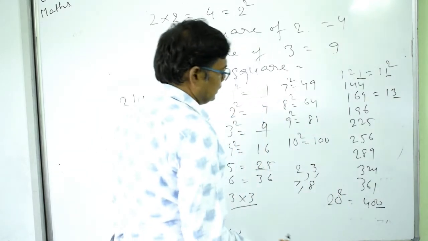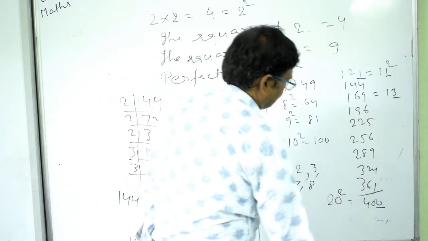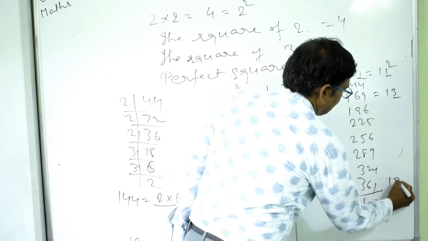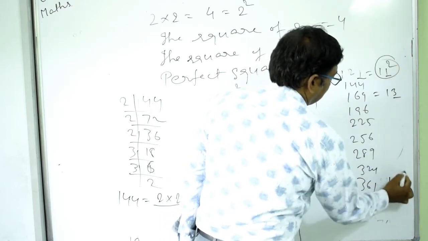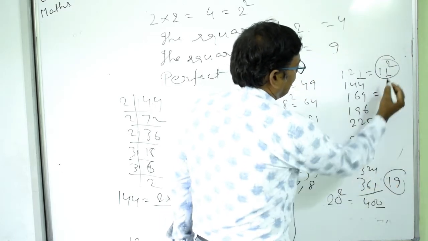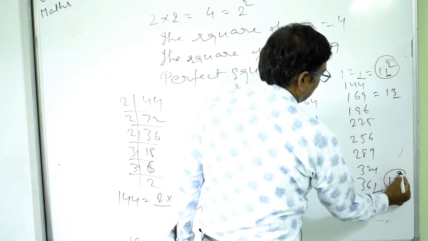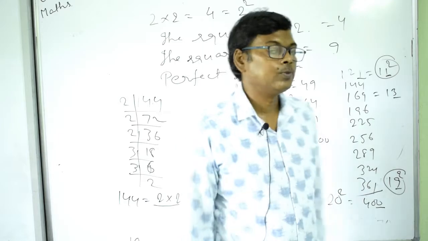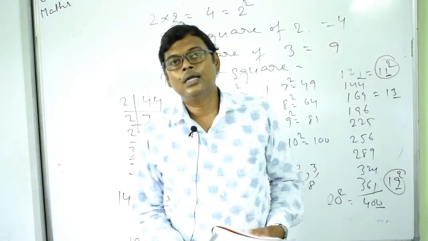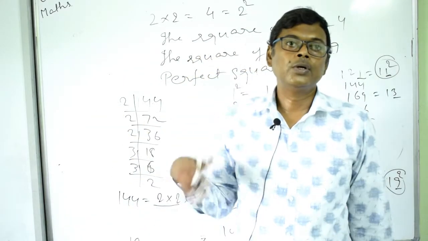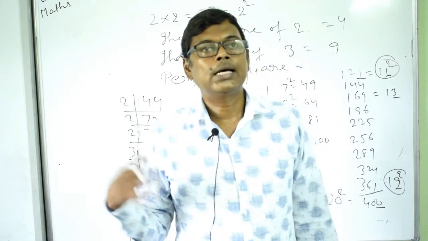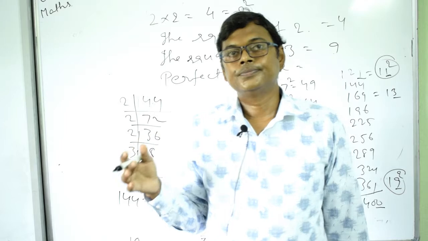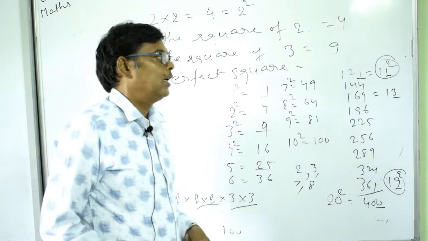For example, here see that this is 361. This is the square of 19. So here this is the square of 19 and this is the square of 11. So in these two numbers, at the ones place you have 1 and here it is 9. So if the digit at the ones place is 1 or 9, then when you square these numbers, you will get a number which has 1 at the ones place.